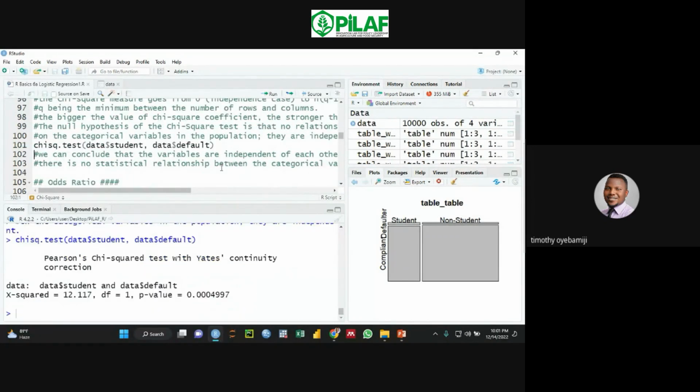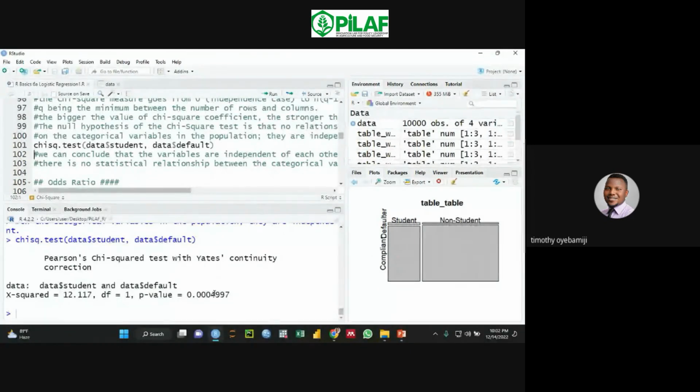So running this will give us the chi-square estimate. This is the X-squared, that's the chi-square, 12.117, and the degree of freedom is 1, because it is (n minus 1), and our n is 2. The p-value is 0.0004997, which is less than 0.05.